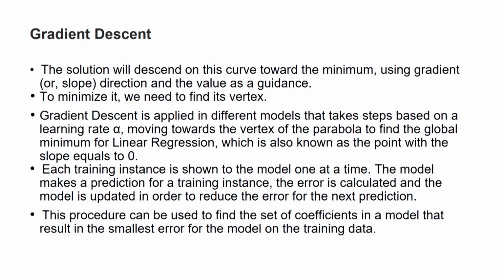So, gradient descent method utilizes three properties that we discussed earlier in the previous lecture of the parabola curve that we have for the cost function, that is nothing but sum of squares of predicted errors.